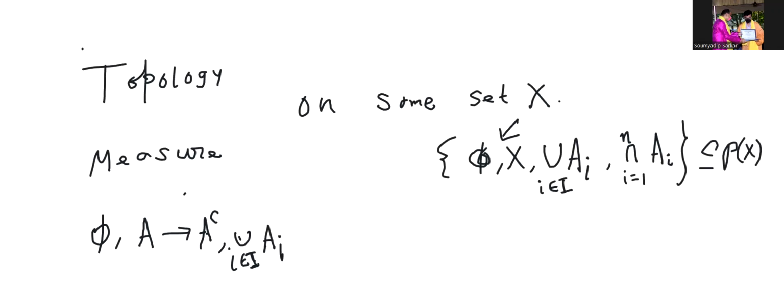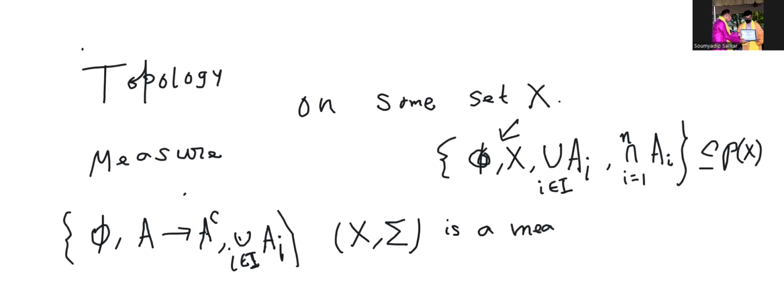So if you choose a particular collection of subsets of X following these rules, and let's denote this collection by some sigma, then this (X, sigma) is called a measurable space.